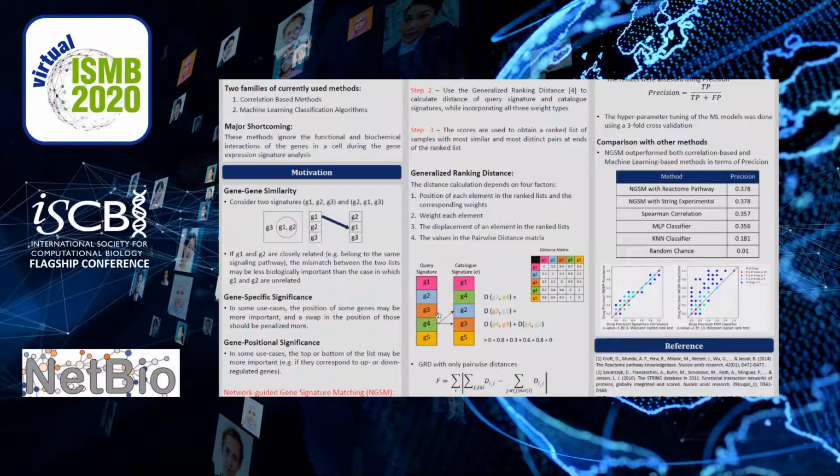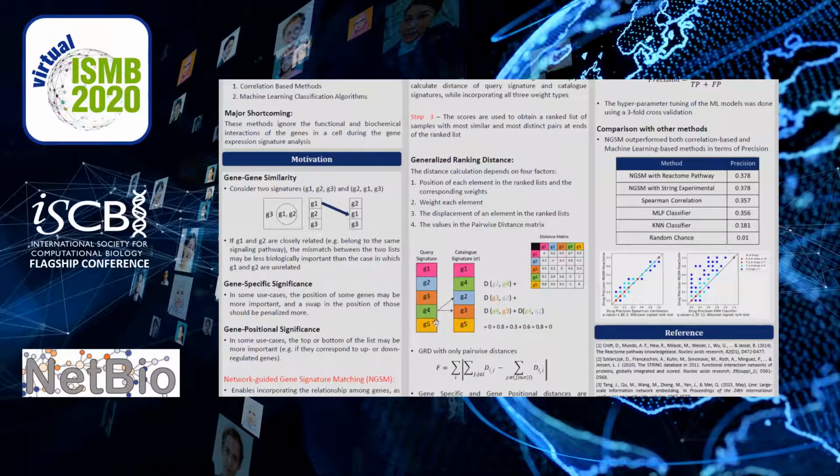Similarly, G3 has also been displaced by 1 position and swapped by G2, so the weight of 0.3 is added to the calculation. For the 4th element G4, it has been displaced by 2 positions. So the displacement of both the positions that come between its displacement need to be considered. Hence, the weight of G4 and G3, which is 0.6, and G4 and G2, which is 0.8, are both added to the calculation.